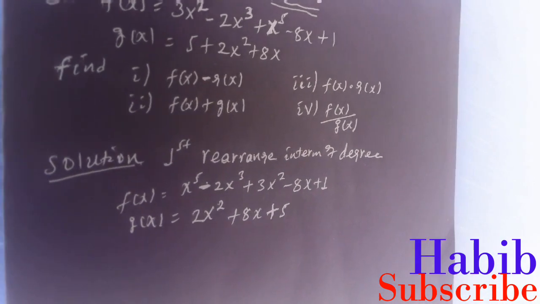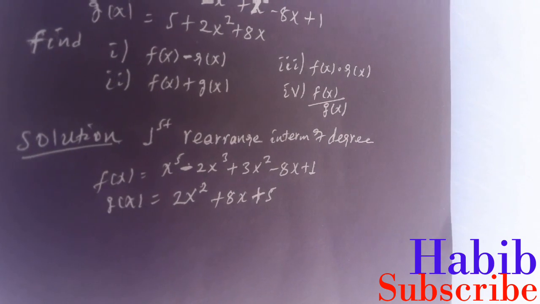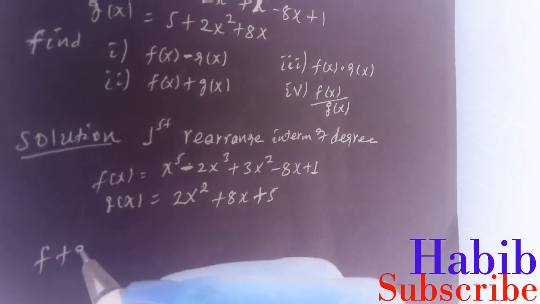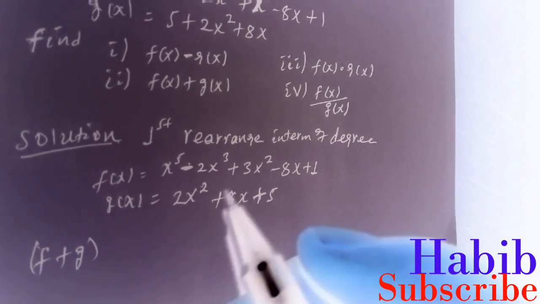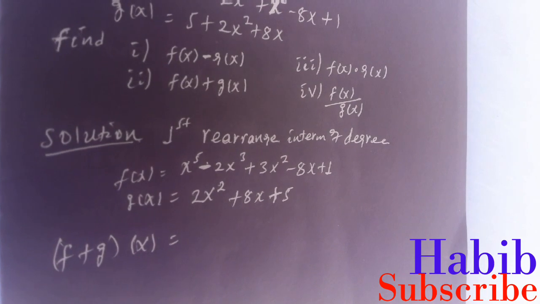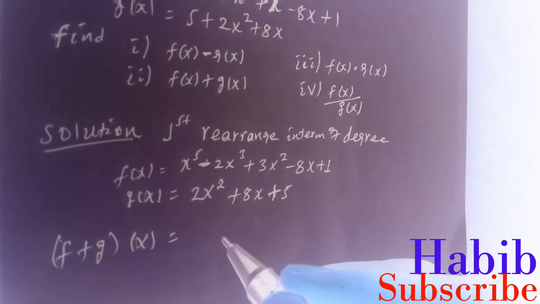Those two functions, both f of x and g of x, we can find their sum and their product. First, f plus g at x, which equals the sum of the two.